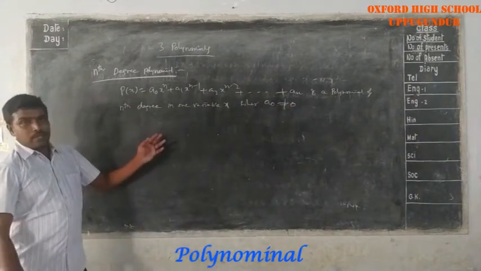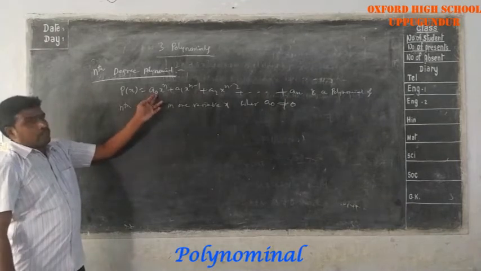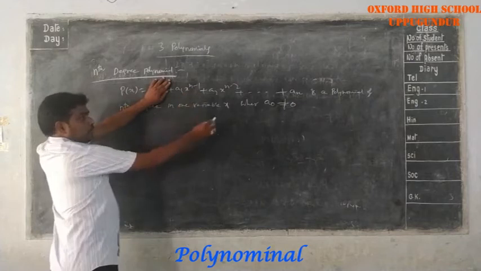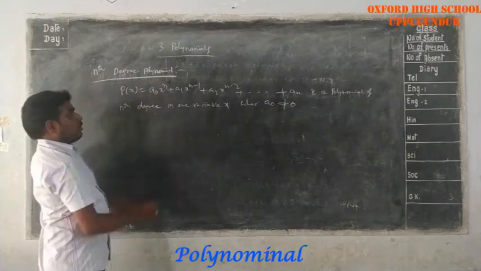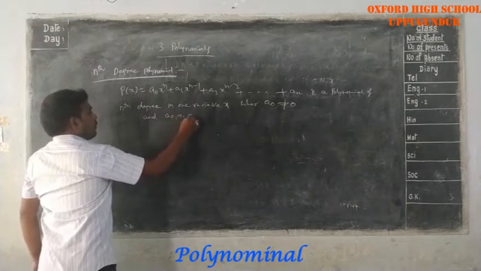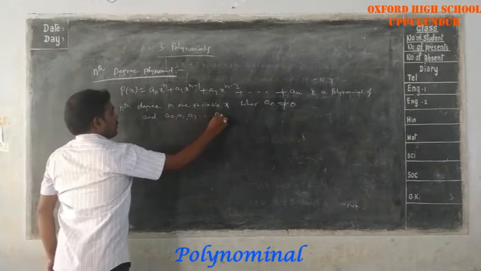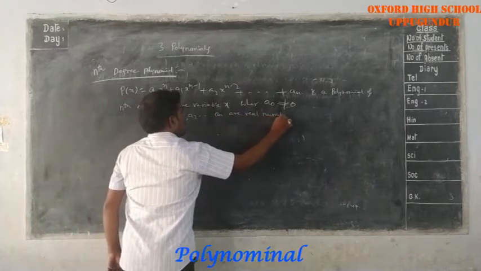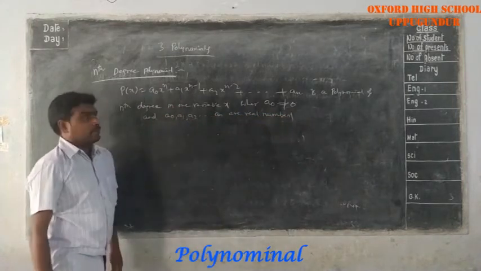If a naught equals 0, the degree of this polynomial becomes n minus 1. That's why a naught not equal to 0. And a naught, a1, a2 and so on up to an are real numbers, or we can call those real coefficients.